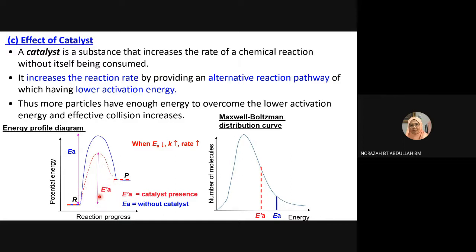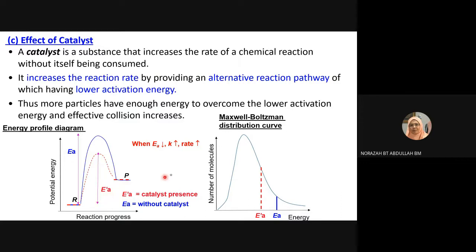So kamu nampak EA for reactions with catalase, dia punya energy profile dia tu, dia punya peak tu lebih rendah dengan EA yang lebih rendah. So jangan kata catalase ni lower the activation energy, salah. What catalase does is dia provide an alternative reaction pathway which has lower activation energy.